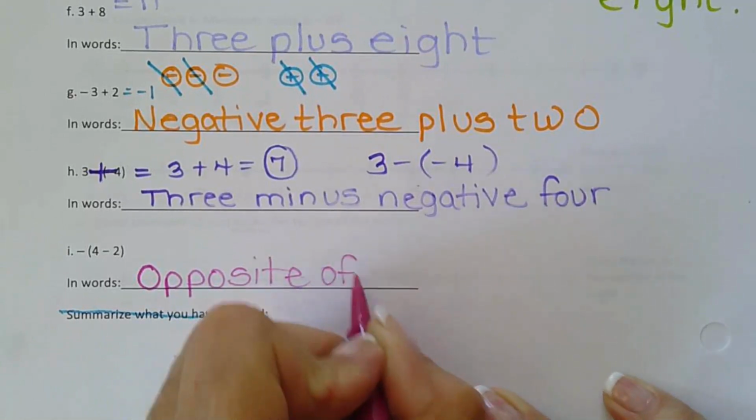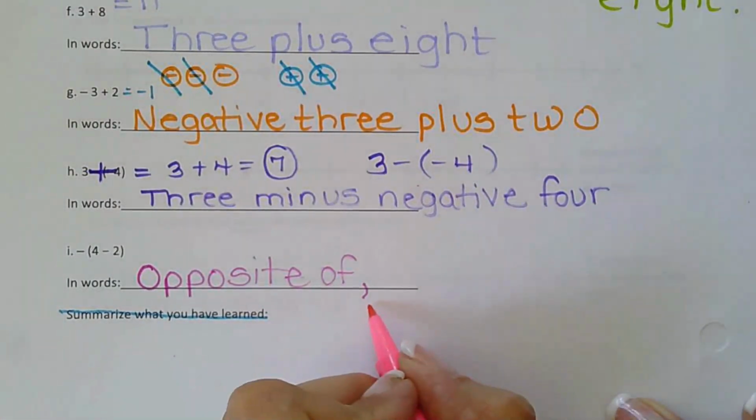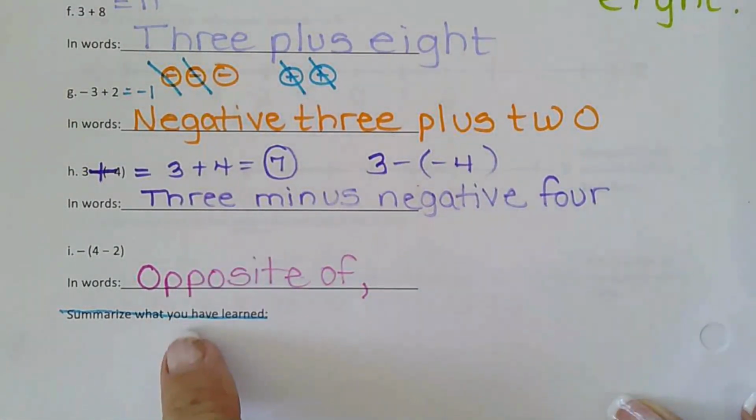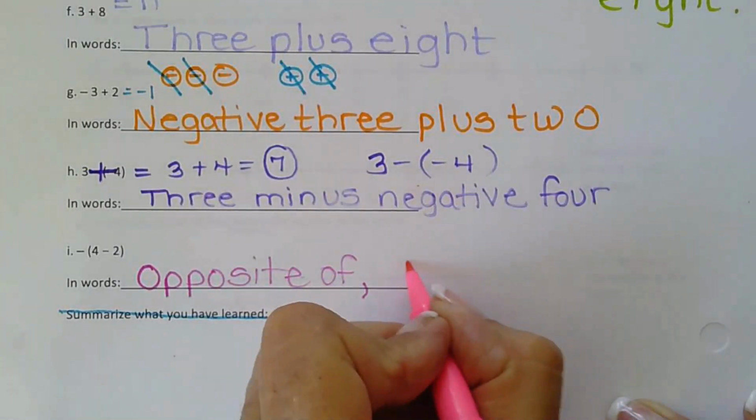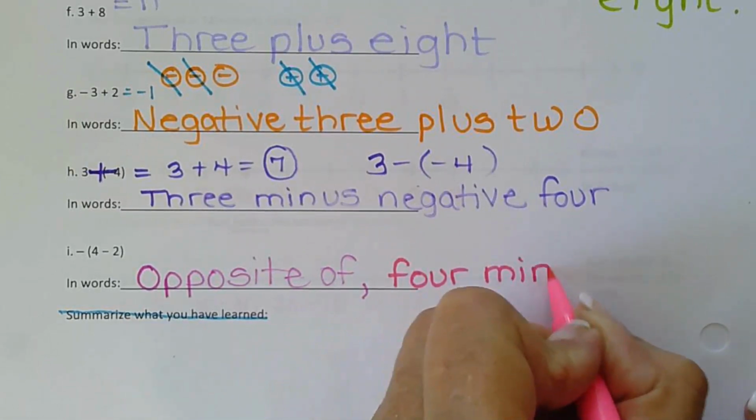So I'm going to say the opposite of, oh, and this is the other one that I said to throw away. And then see how I put the comma? So that means everything after the comma I'm doing the opposite of. 4 minus 2.